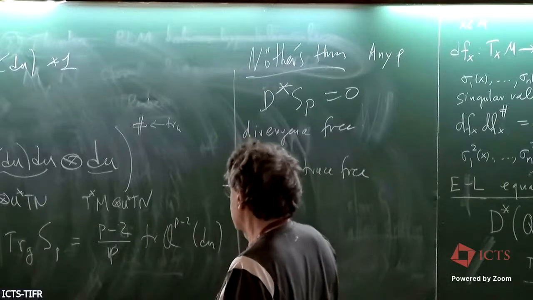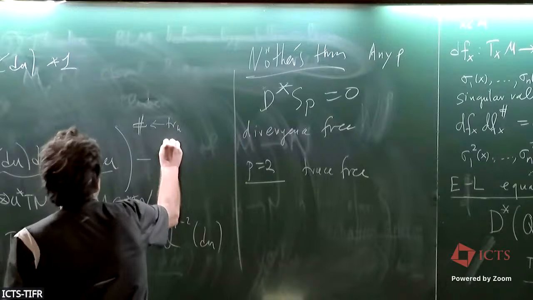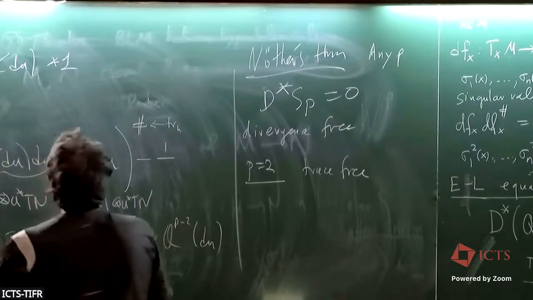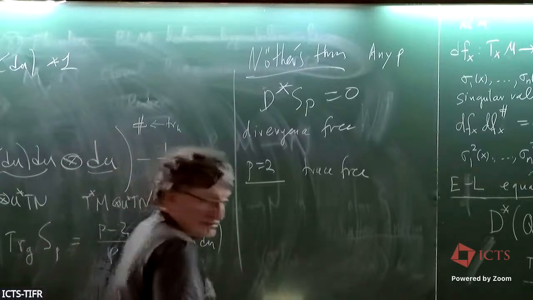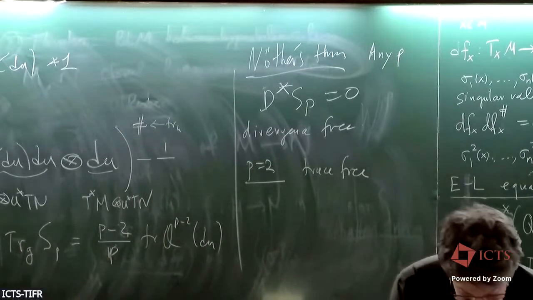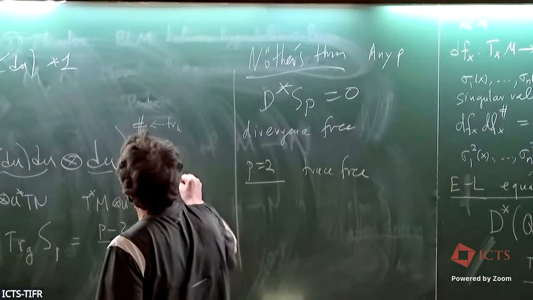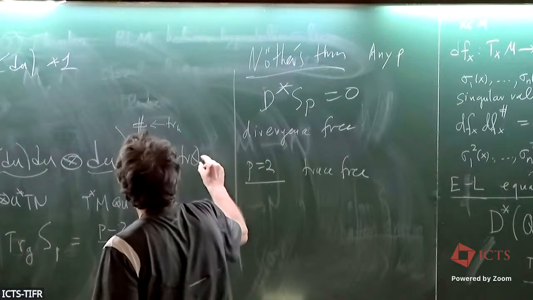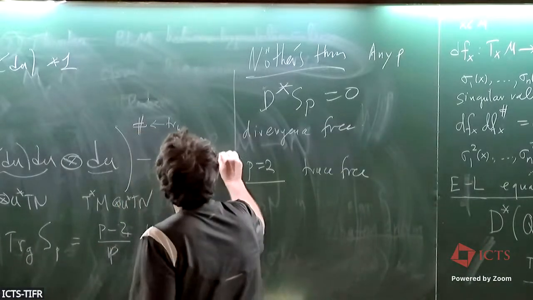Sorry, I forgot one part here. We have to subtract minus 1 over p times the trace of |du|^p times the metric tensor.